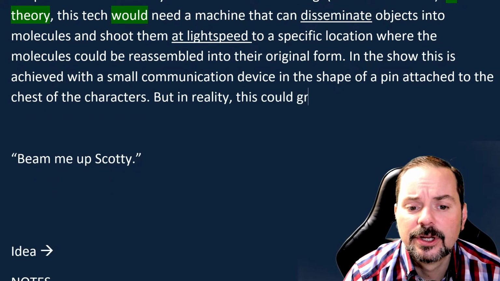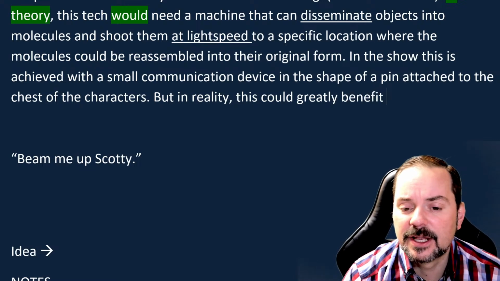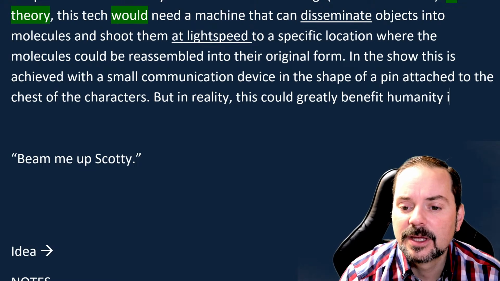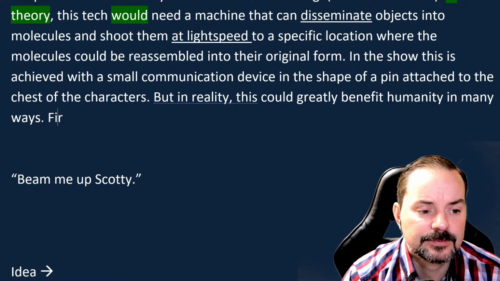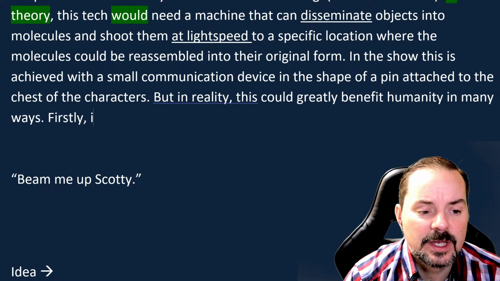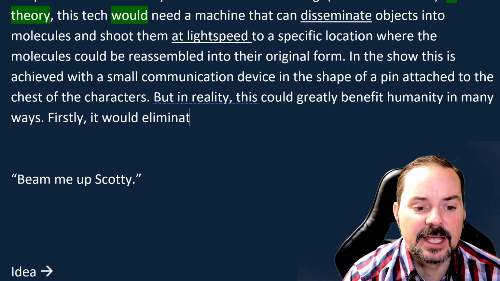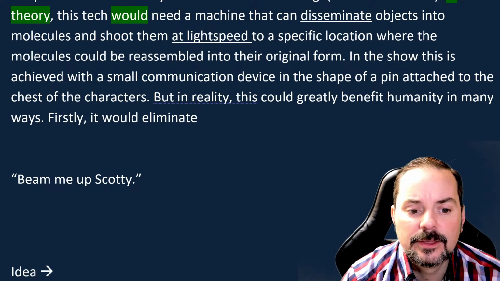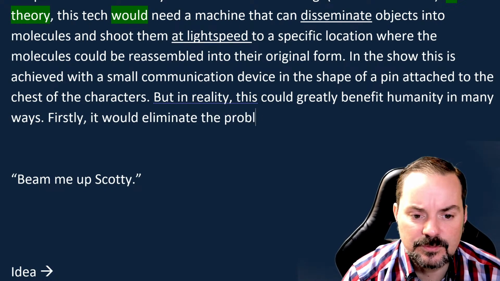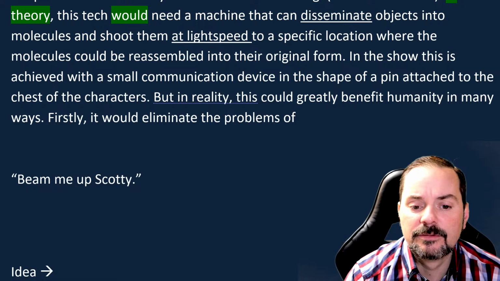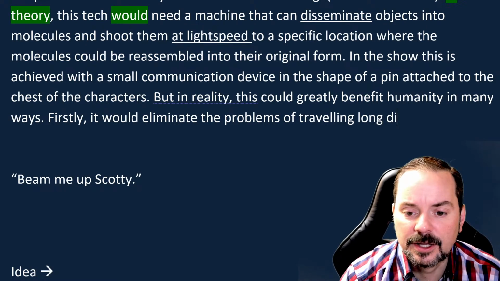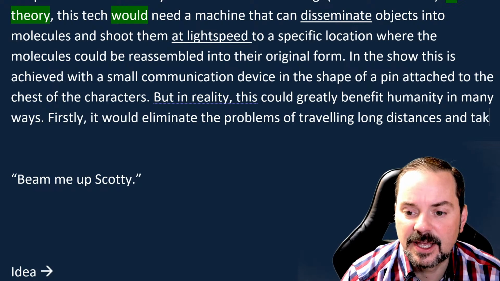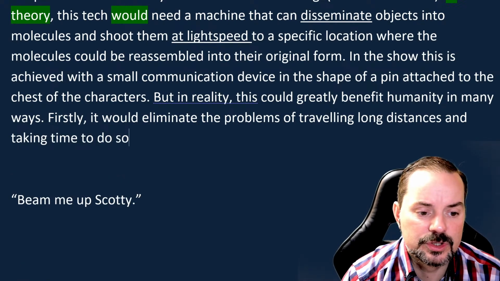this could greatly benefit humanity in many ways. Firstly, it would eliminate the problems of traveling long distances and taking time to do so.